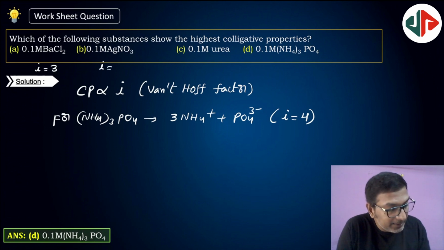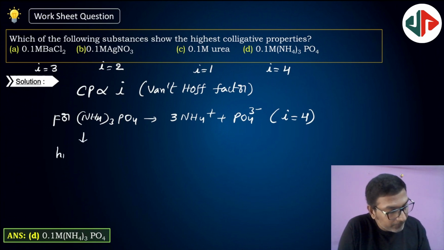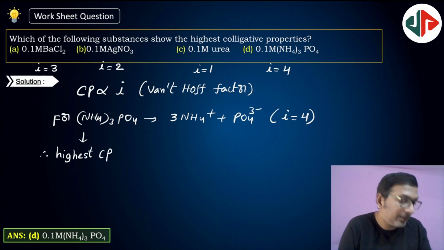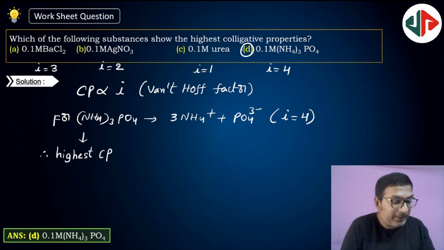For the nitrate, i value is 2. For this one, i value is 1. So for this i value is 4, therefore it has the highest colligative property. Highest Van 't Hoff factor means highest colligative property. Option D. That depends on the number of particles of solute.